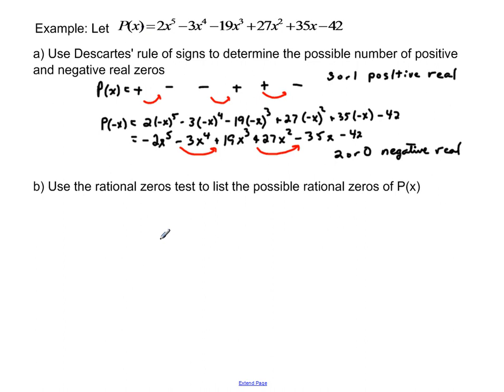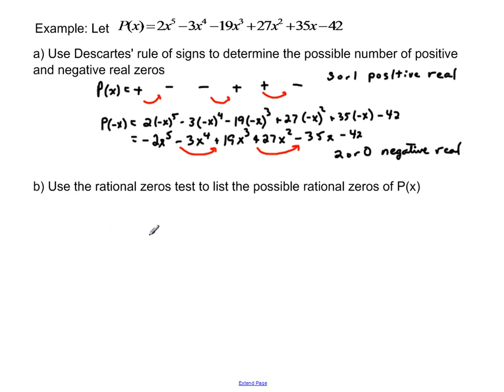Okay, and what does that mean to us? Well, it's possible that we could have one place on the x-axis or three places on the x-axis to the right side of the y-axis. We could have 2 or 0 on the left-hand side. So we might get no negative numbers that are zeros. Or if we get 1, we know we'll get at least 2.